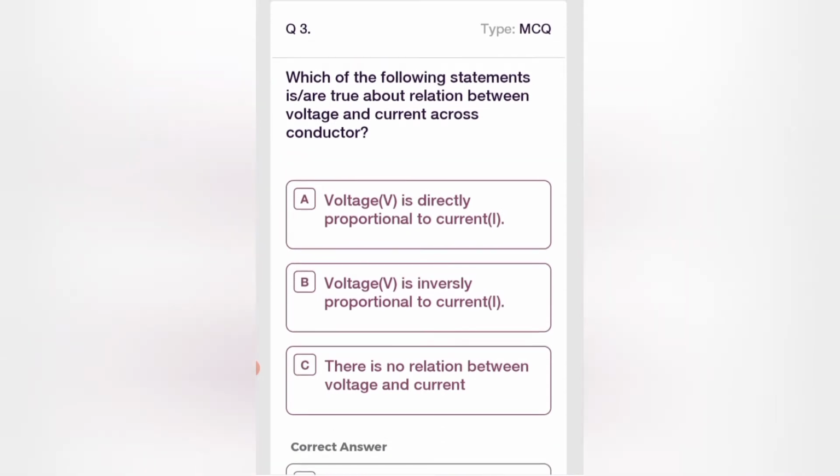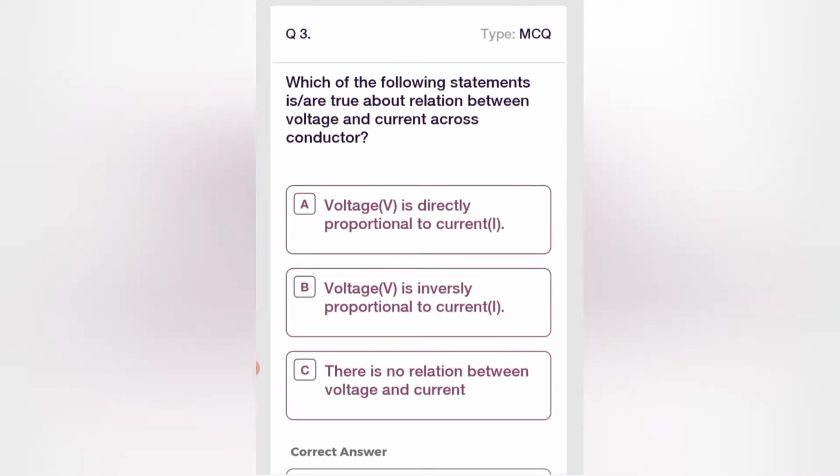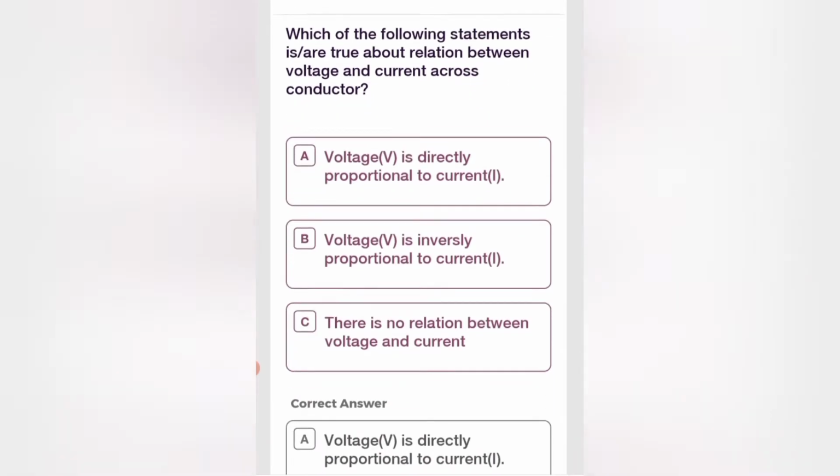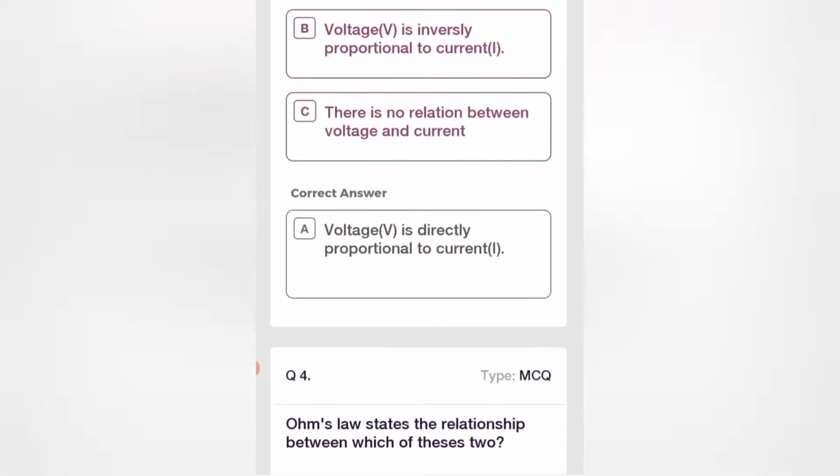Next, there is no relationship between voltage and current. There is a relation, which is V is proportional to I. So this is wrong, this is wrong. The correct answer is option A, voltage is directly proportional to current.